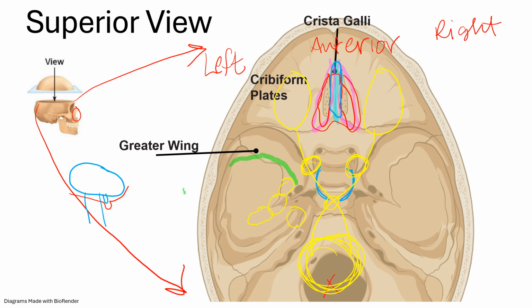Yes, there's a lesser wing. It's not worth noting in this picture. This structure in the middle is called the sella turcica, which means Turk's saddle. Interesting. So you may not be able to get this shape from the picture, but this structure is a U shape, and it cradles the pituitary gland that kind of hangs off the bottom of the brain.